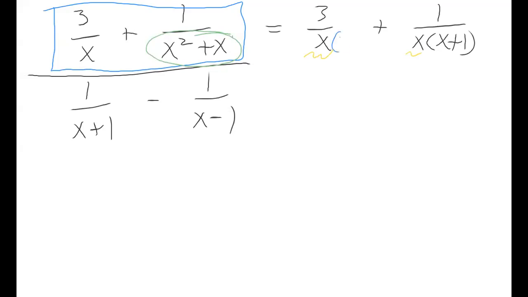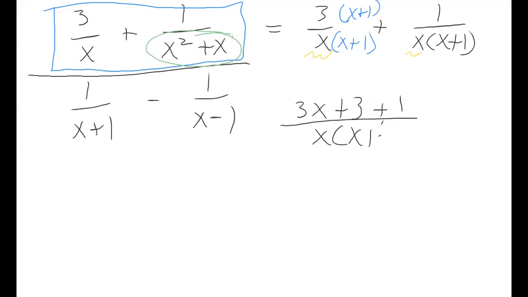So if I put in x plus 1 here, well, what I do to the bottom, I have to do to the top. And now I can combine these, and I get 3x plus 3. I distributed the 3 through everything that was in the blue, plus 1, all over x plus 1, which simplifies down to 3x plus 4 over x plus 1.